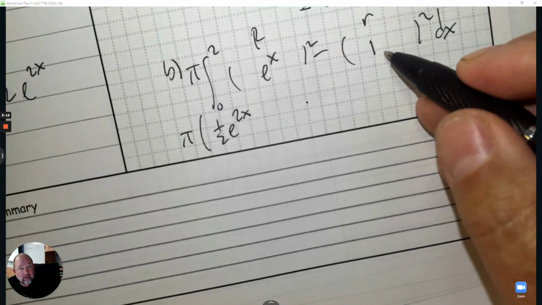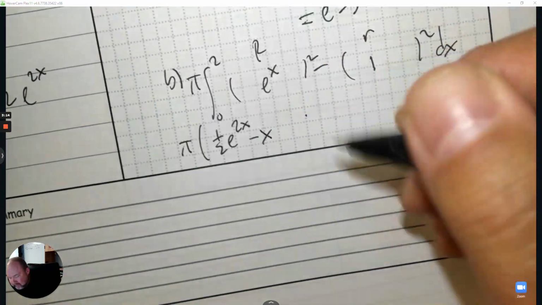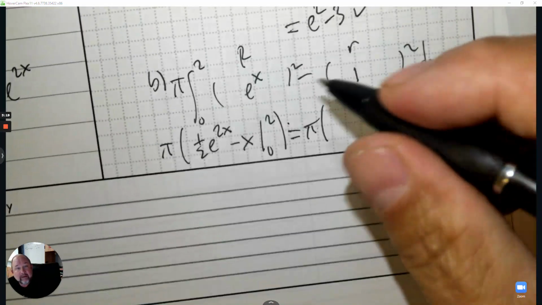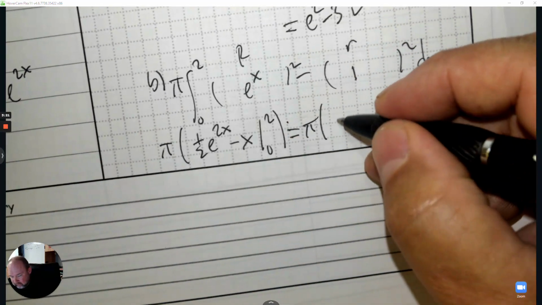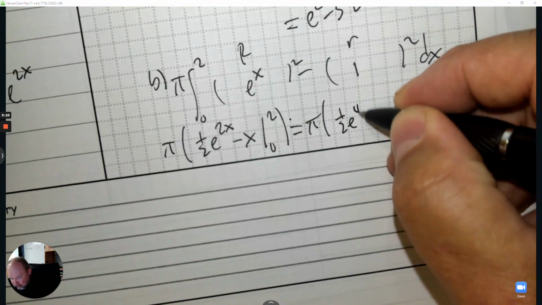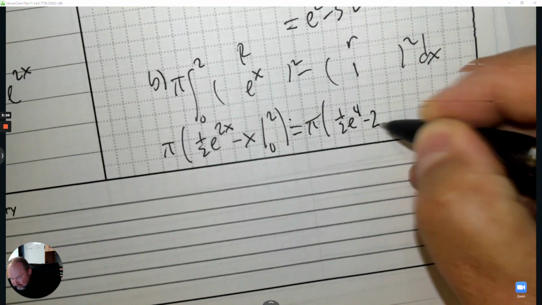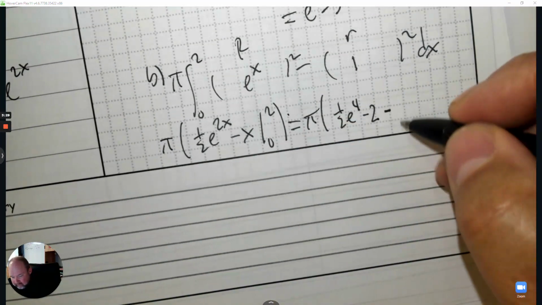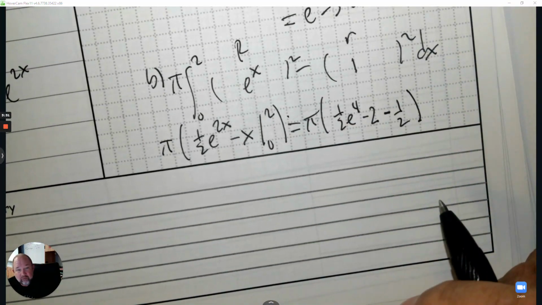The integration of 1 is x, and that goes from 0 to 2. Pi will stay in front. Plug in 2 first. So it's 1/2 e to the 4 minus 2. Take away. Plug in 0, and you have 1/2 take away 0. And you can leave the answer just like that.